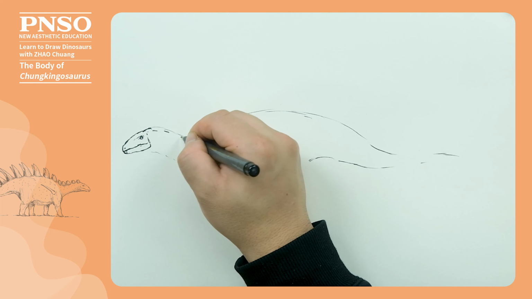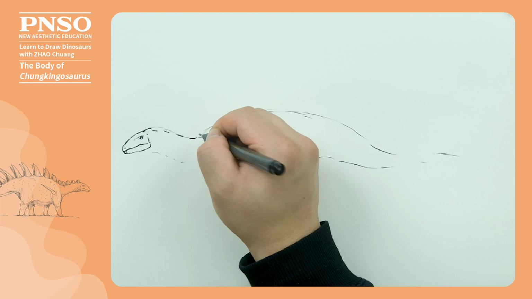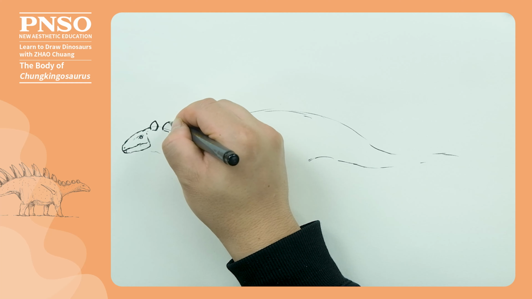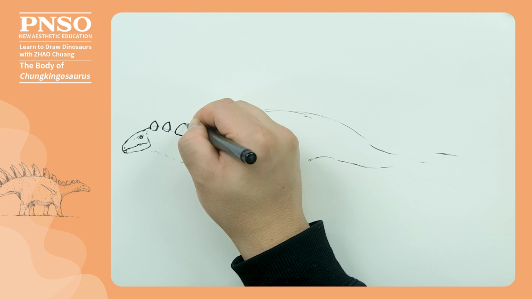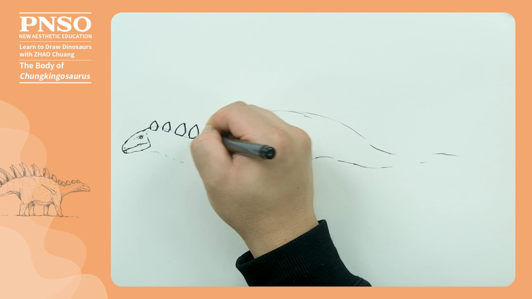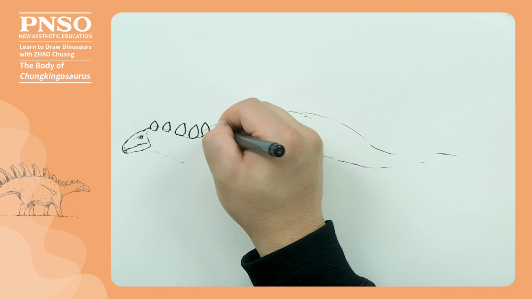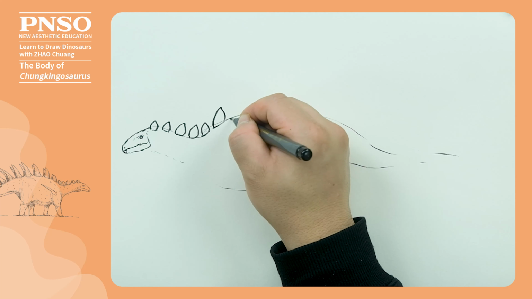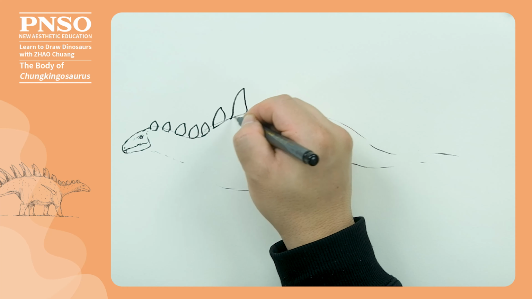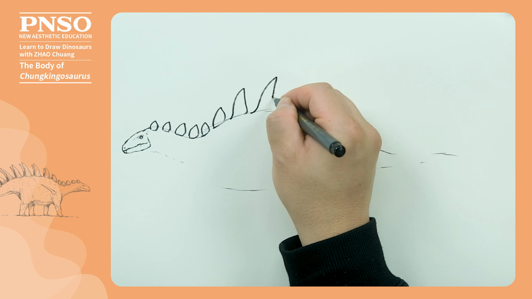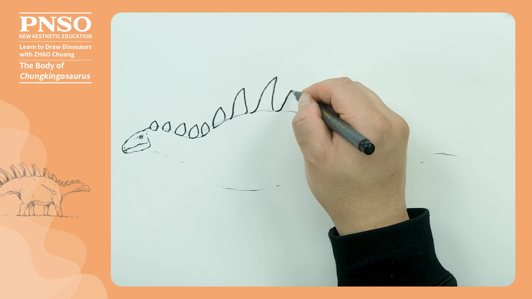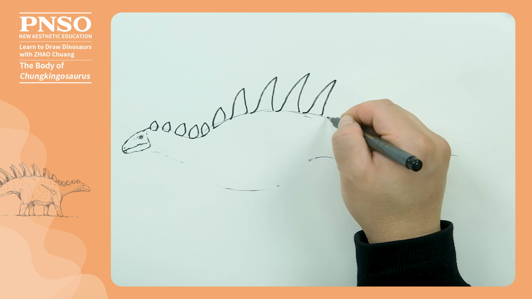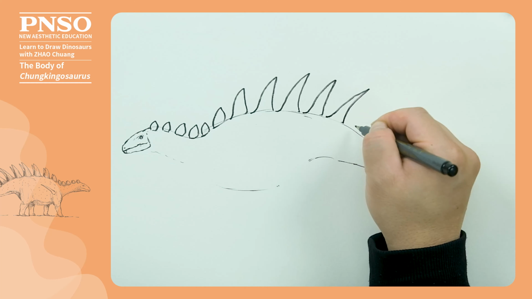On the neck, we first draw 4 to 5 pairs of palm-shaped bony plates. The bony plates on the back would become sharper and higher, reaching the highest level at the pelvis, then gradually taper and transition into pointed spikes on the tail.